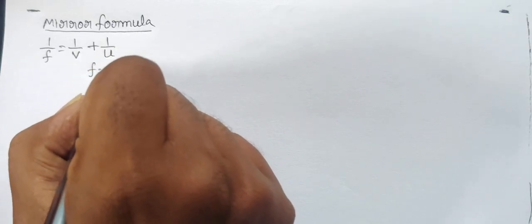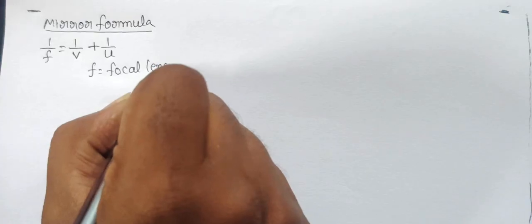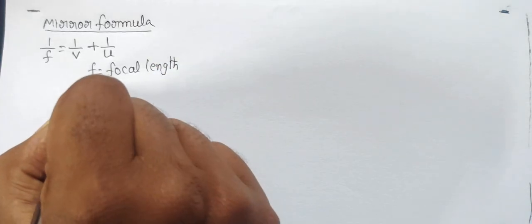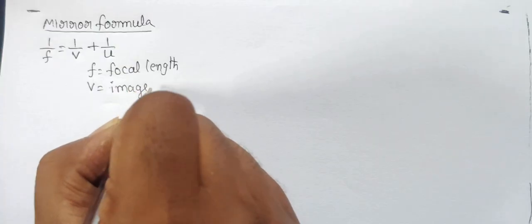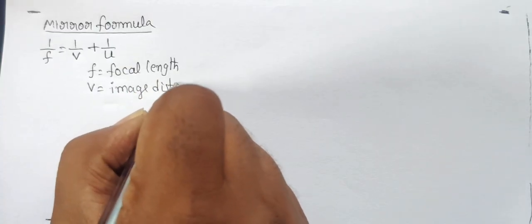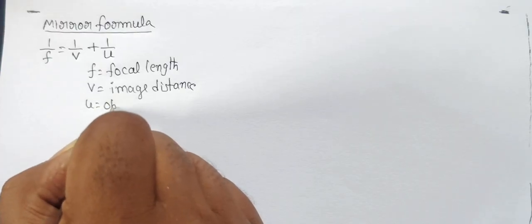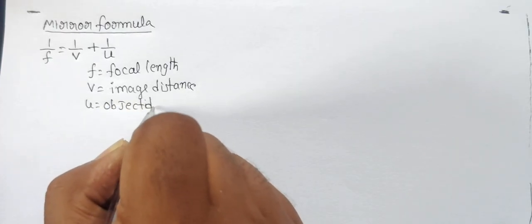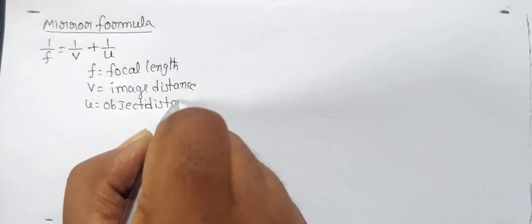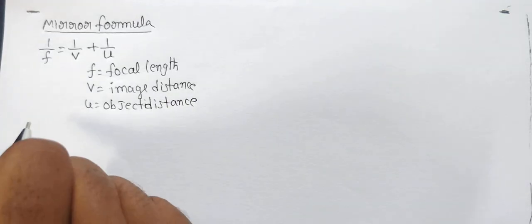Here f means focal length, v means image distance, u means object distance. Here everything we are measuring from the pole, students.